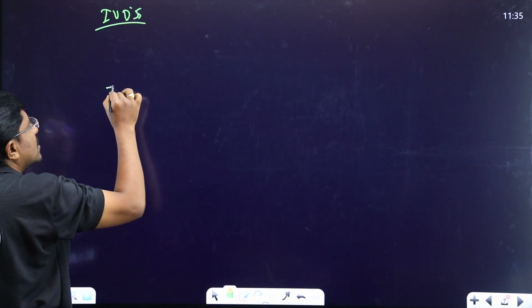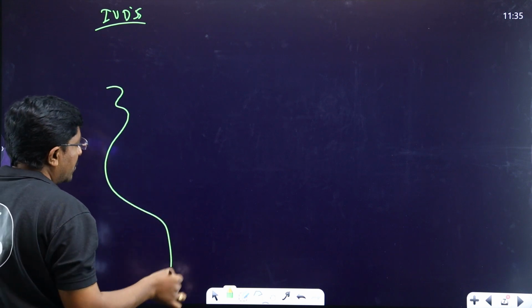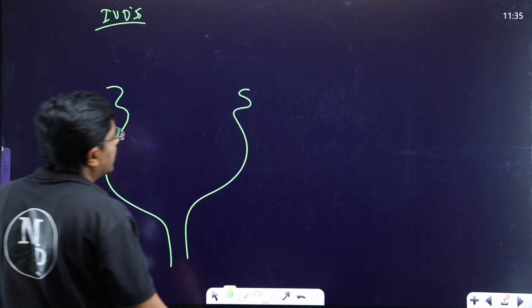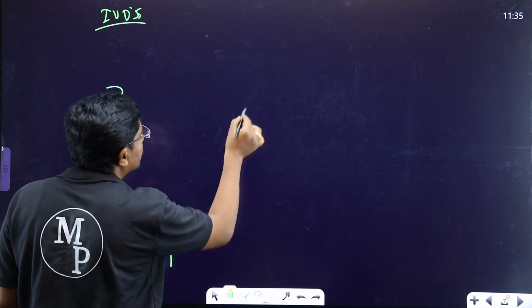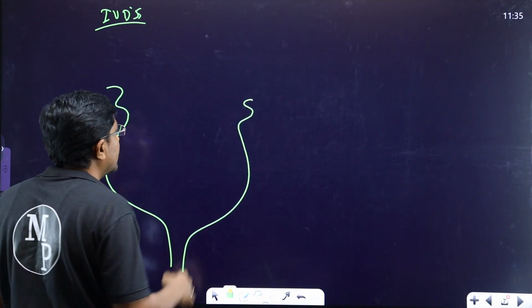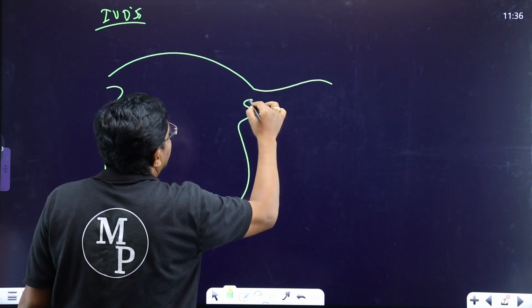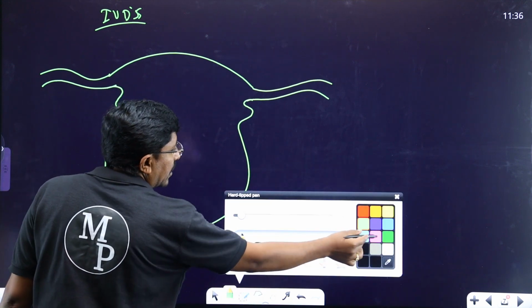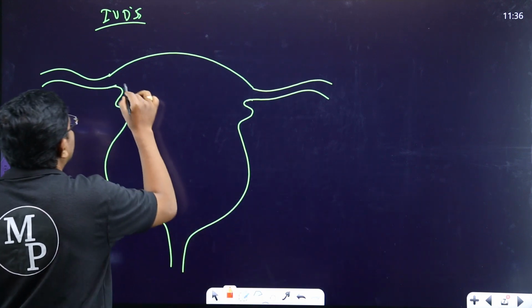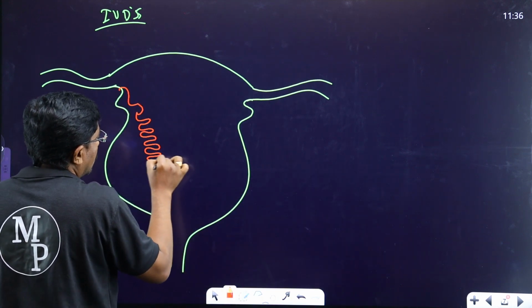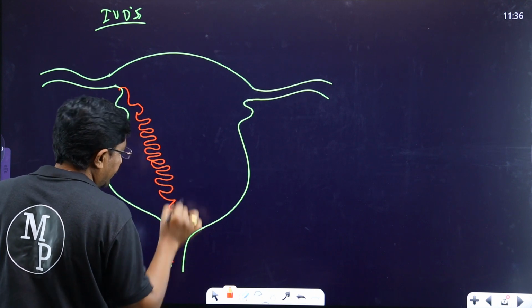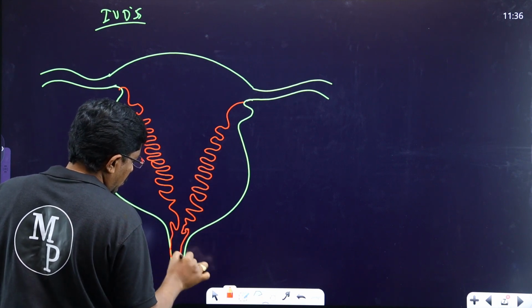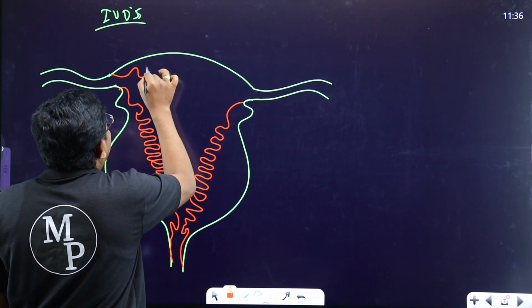For example, this is the uterus, and this is the uterine fundus, and these are the fallopian tubes, and this is the endometrium, the lining of the uterine fundus.